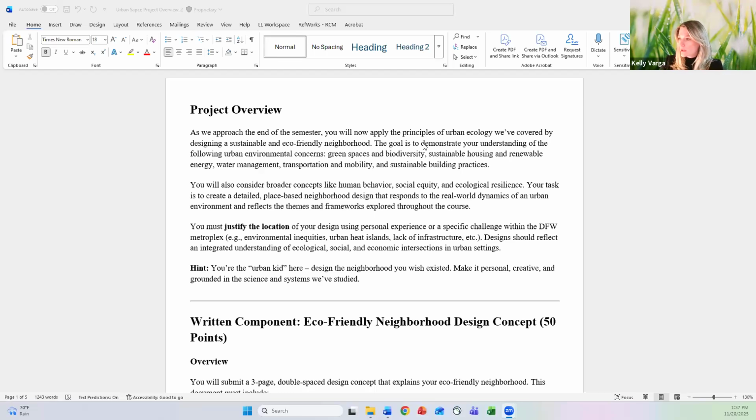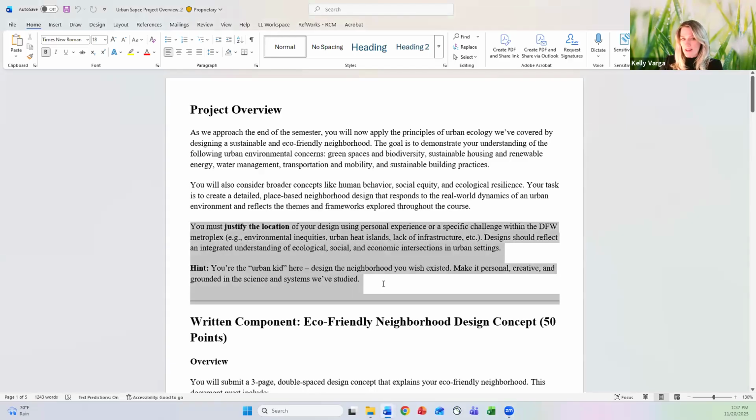And what you're going to do, again, is demonstrate your understanding of the urban environment by including some of these following features. And again, I'm going to walk through that in just a second. So the very first thing I really want to focus in on is you're going to need to justify this location. You're going to need to tell me why you're picking this location, based on your own personal experience.